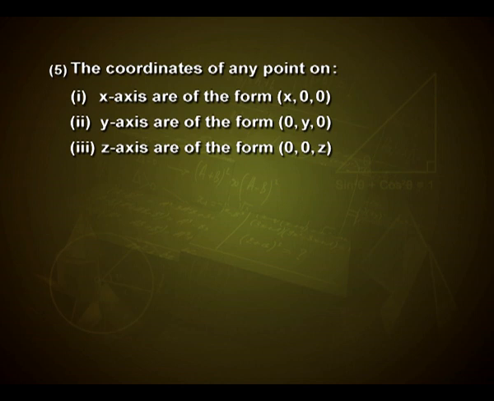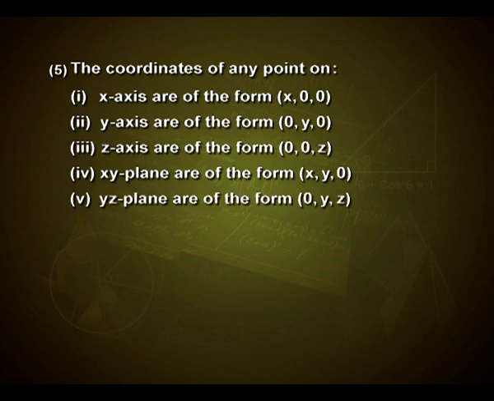On z axis it will be in the form (0, 0, z), and the coordinates of any point on xy plane are of the form (x, y, 0). Similarly, the coordinates of any point on yz plane are of the form (0, y, z), and the coordinates of any point on zx plane are of the form (x, 0, z).